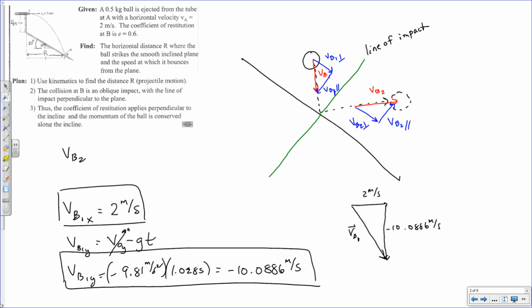However, when we go back to this diagram, the speed VB1 is right here, this red. Okay? However, we need to know its angle with respect to the incline as it's approaching the incline. Kind of interesting. How do we determine that angle? Well, I can determine this interior angle, call it theta, or call it phi, so we don't get confused with thetas that are used later. So if I call this angle phi, I know that angle phi is going to be equal to the tangent of opposite over adjacent.